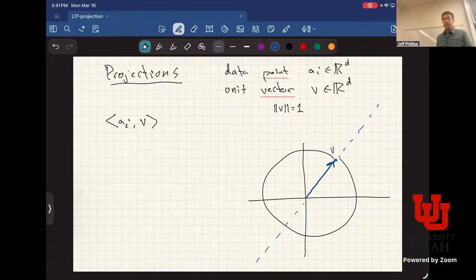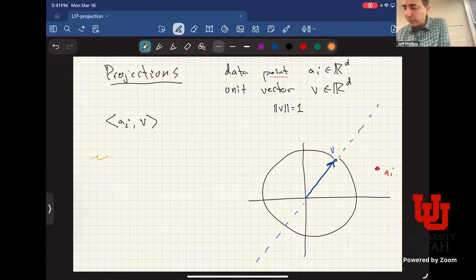Our data point also lives somewhere in R^d. I'm only able to draw things in 2D, but everything should make sense in R^d as well. What is this dot product doing? It is going to be a projection operator.